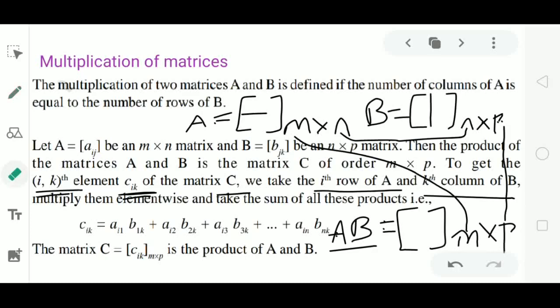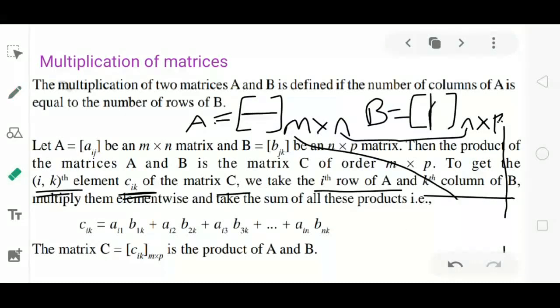That is, for example, to get the element lying in first row, first column of matrix C or matrix AB, we take the first row of A and first column of B, multiply them element wise and then take the sum of all these products.